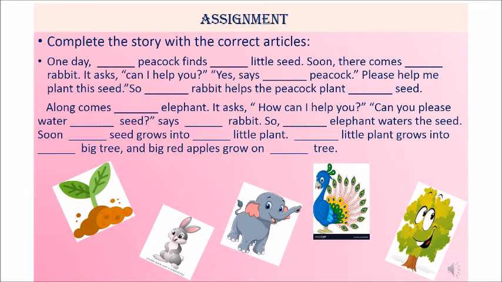Children, you have to write a, an, or the in the correct places. Just be very careful that when you are going to write a, an, or the, read the word that is written and the first letter of that word. If it is a consonant, then you have to write a. If it is a vowel, then you have to write an.